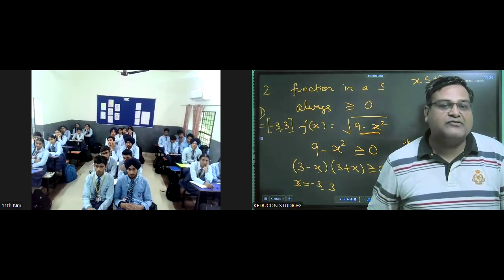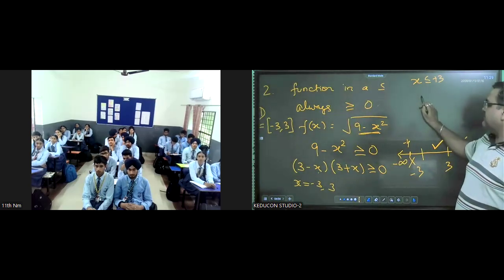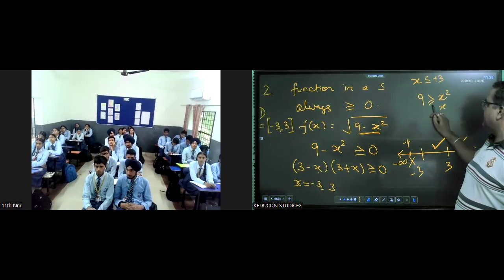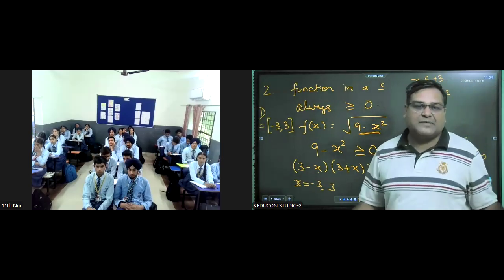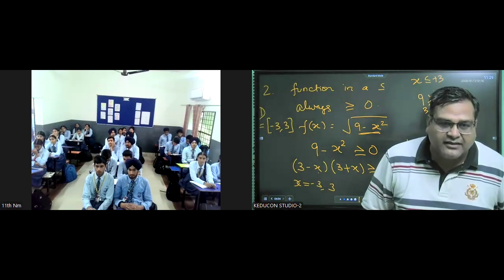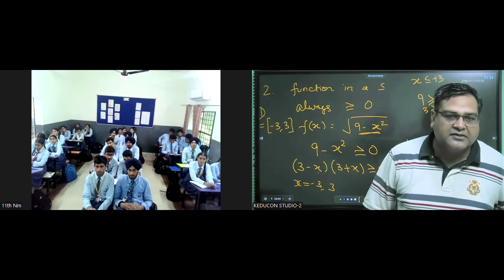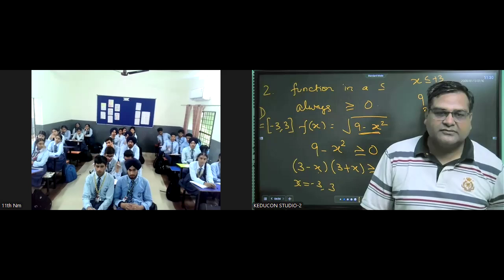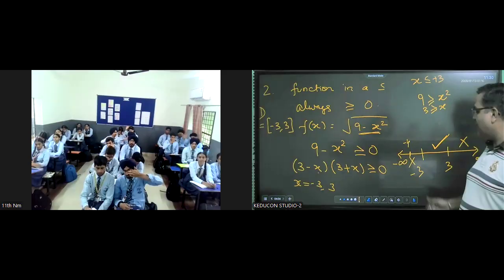Okay, you have to have two results here. The old method will not work here, like when you wrote 9 is greater than or equal to x square, so x will be greater than or equal to 3. No, you have to take two values because there will be two values. Is this clear? Have you understood, students, how to find the domain? Yes or no? How many of you have understood? Please raise your hand. Okay, very good. We will do one or two more questions so that you can understand.